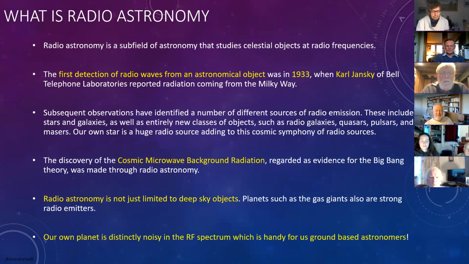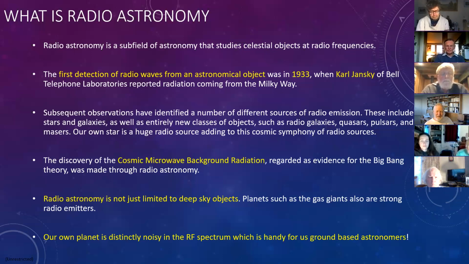And so they continued on up into the 50s and 60s, looking at radio emissions from our universe. They were able to identify radio emissions from galaxies, from stars, and then using bigger dishes and better electronics, really started to narrow down into masers, pulsars, and quasars, and reach out into deep space.